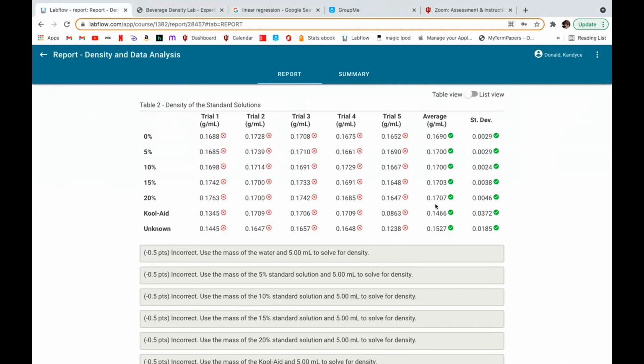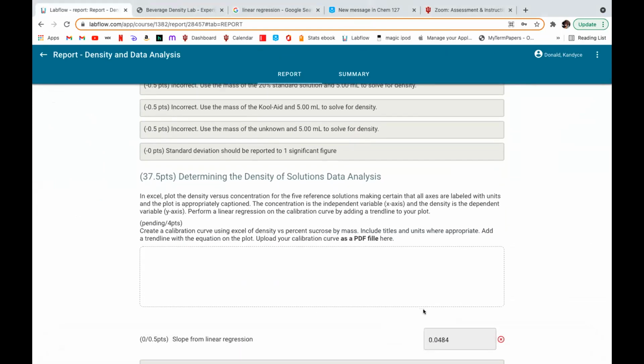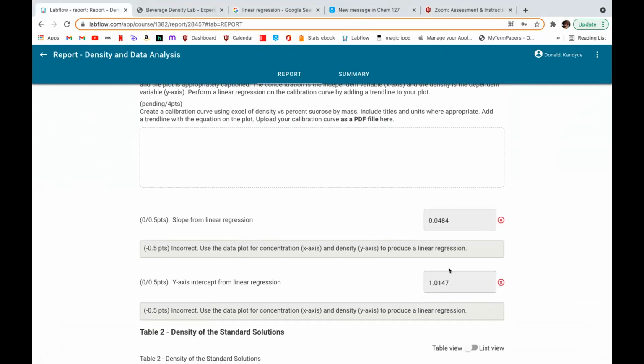Yeah. Okay. And then for the slope and linear regression, you said just check the sig figs in the concentration and density. Go back to your linear regression.